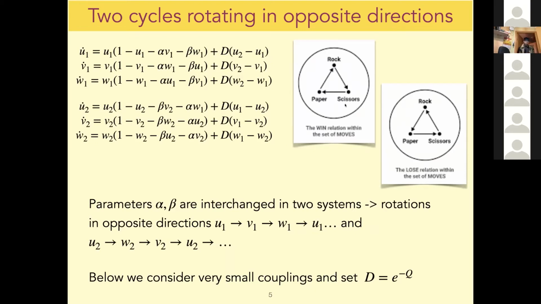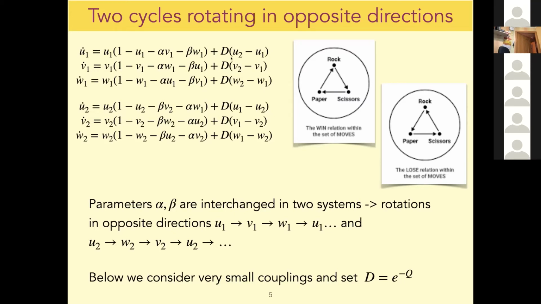This is possible if the only thing you need is to replace in the second cycle the parameters beta and alpha, because they essentially give the direction of rotation. If you replace them, putting beta instead of alpha and alpha instead of beta, you will have two cycles, 1 and 2, rotating in opposite directions.